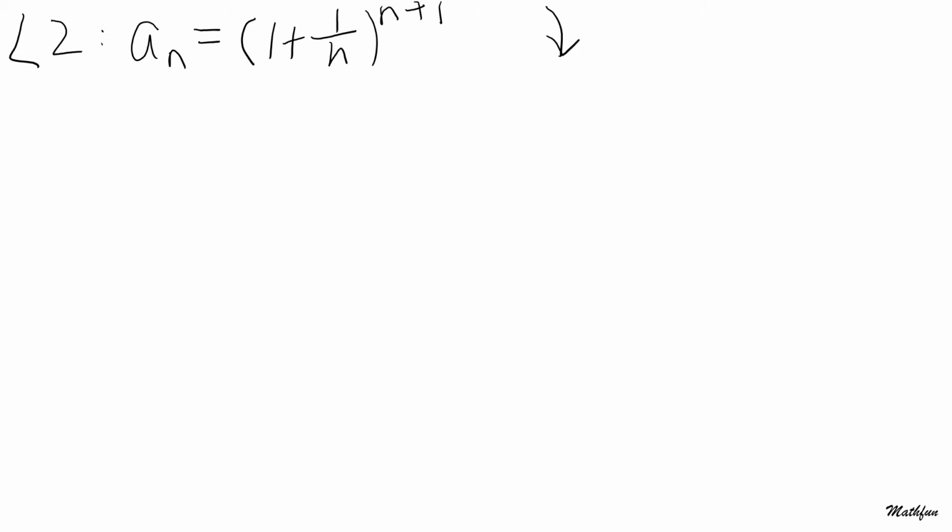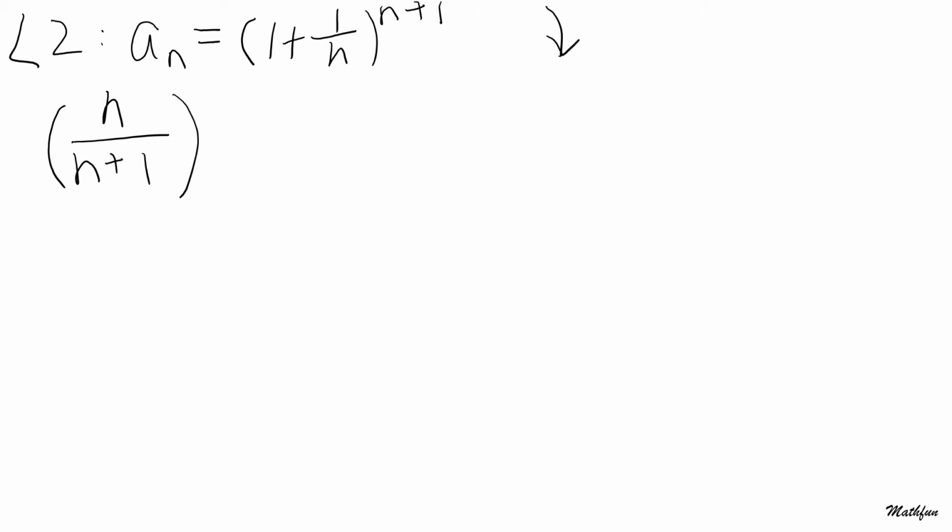What we are going to do here though is rewrite it, and we're actually going to do it this way. We're going to have n divided by n plus 1, and this is the reciprocal of 1 plus the reciprocal of n minus 1, isn't it?